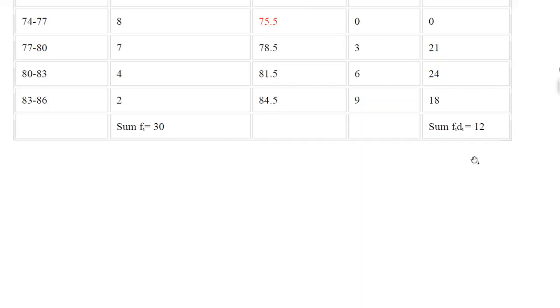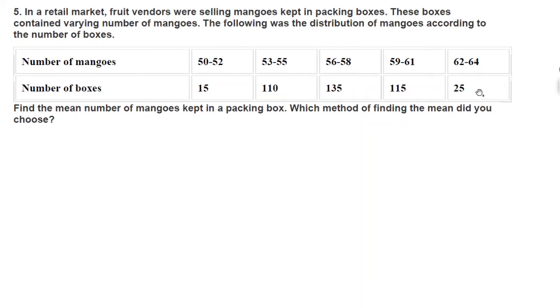Now we will move to the next question, question number 5. Okay, in a retail market, fruit vendors were selling mangoes kept in packing boxes. The boxes contained varying numbers of mangoes. The following was the distribution of mangoes according to the number of boxes.